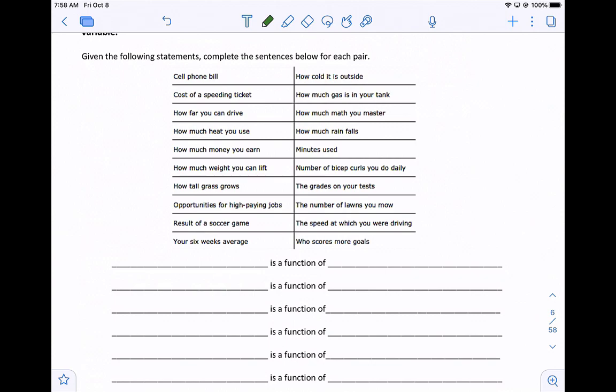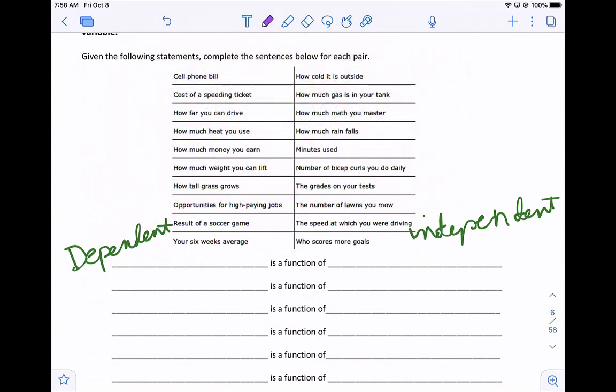So let's write some of these. It says, given the following statements, complete the sentences below for each pair. So we need to do independent, dependent variable. What is a function of what? And so again, we'll put our dependent here and our independent over here. Okay, so for example, let's find some.